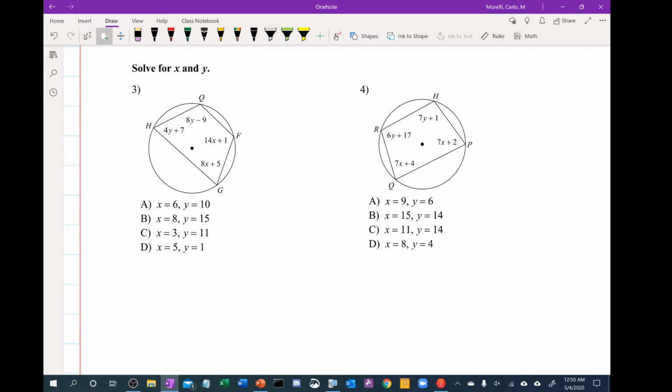And instead of being given arc lengths, we're given interior angle measurements. So I just want to point something out here.